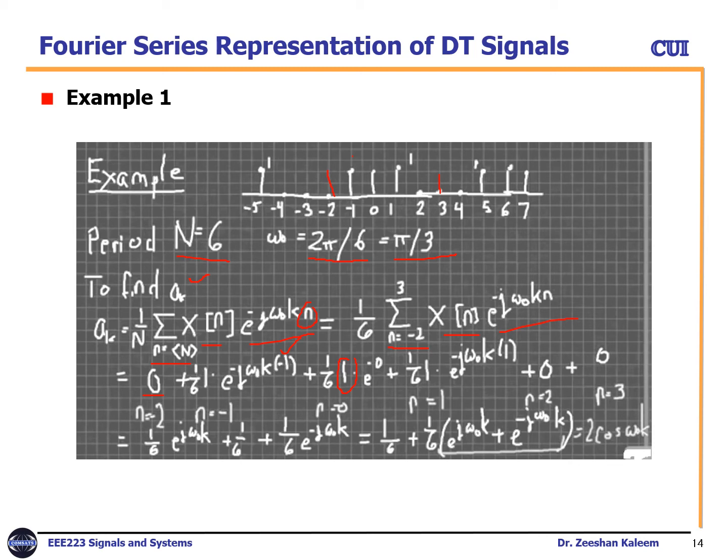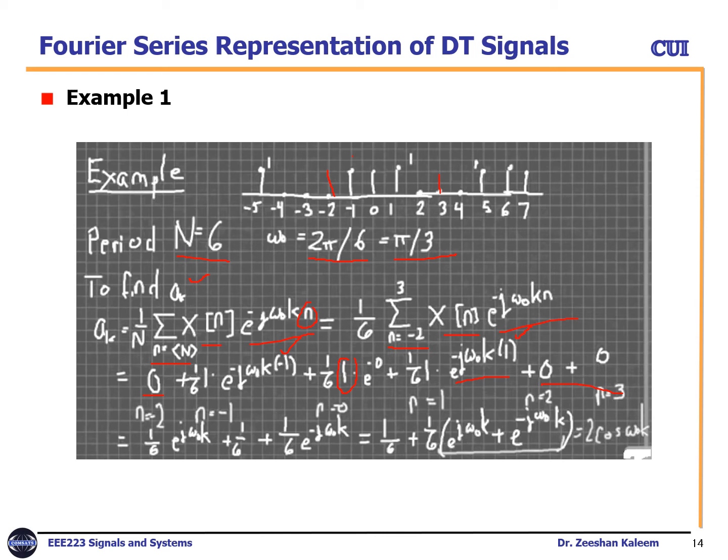And plus 1 over 6 again, due to position 1, and 1 into e to the minus j omega naught k. For the rest of the values, 2 and 3, we have 0, 0. So we can remove those, and we have the remaining 3 values.